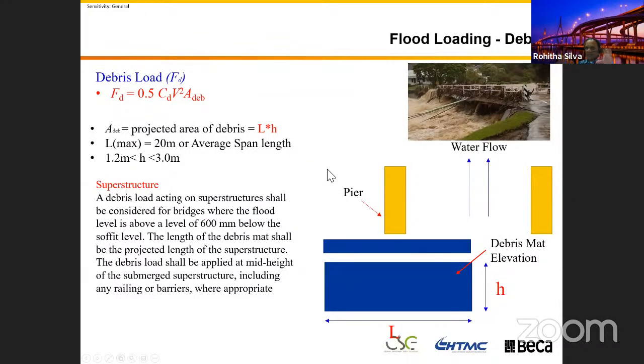Before, we calculated the pressure loads on the flood because of the water flow. The other one is the debris. So for the debris, we also need to calculate the flood load. This is very hard to quantify. Again, the code defines this as similar to the water pressure.